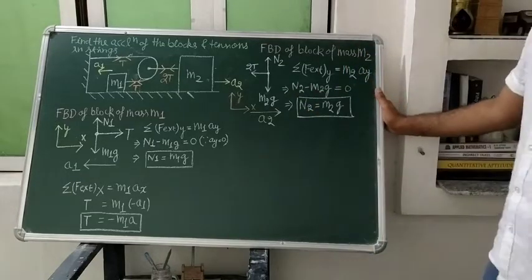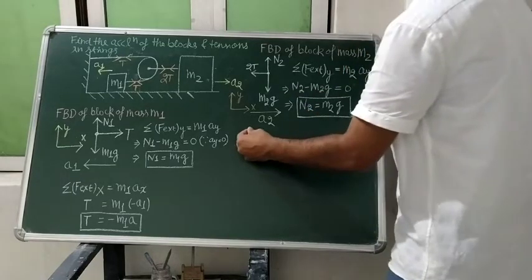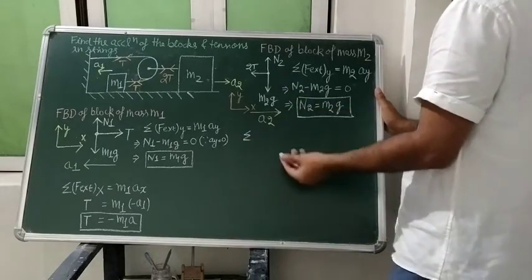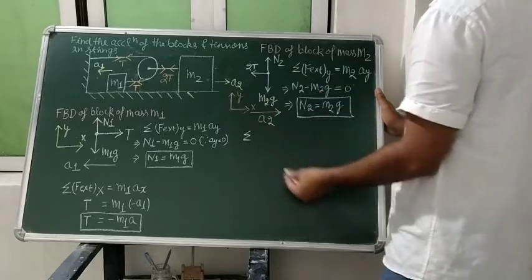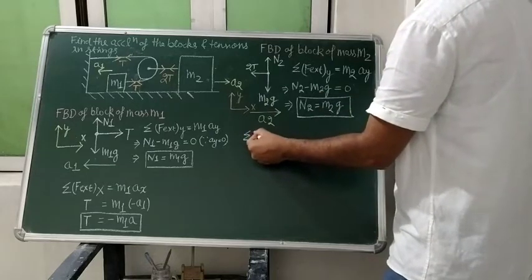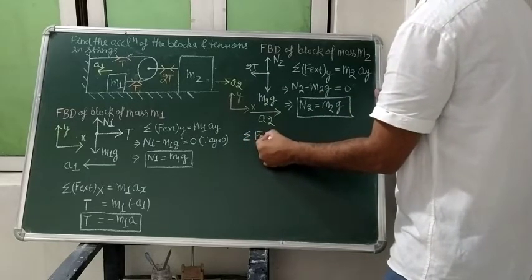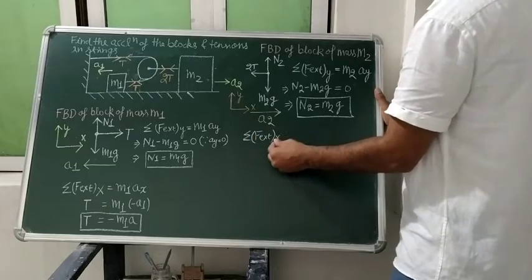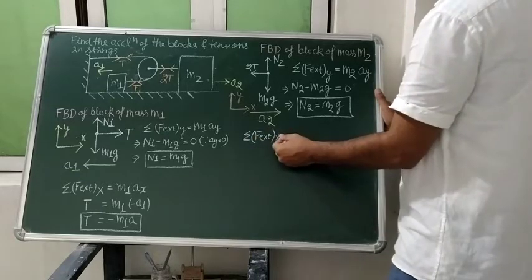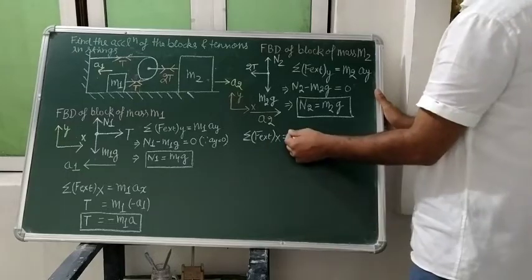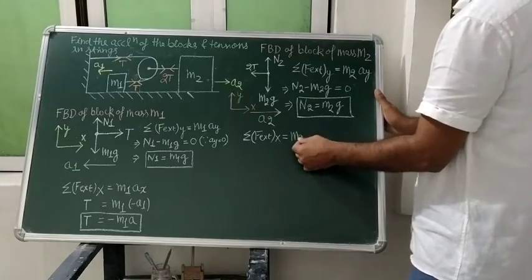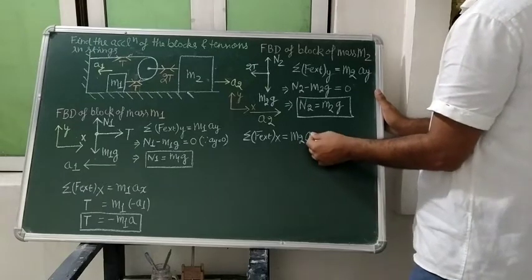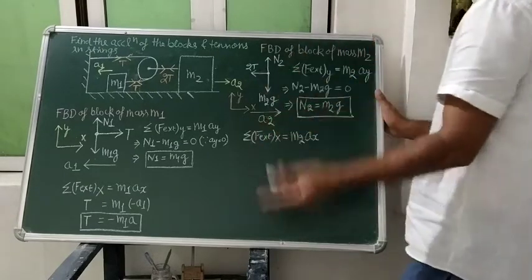And in a similar way, if you are applying Newton's second law in x direction, the vector sum of all the external forces in x direction should be equal to what, student? Mass m2 times acceleration in x direction. In y direction there is no acceleration.